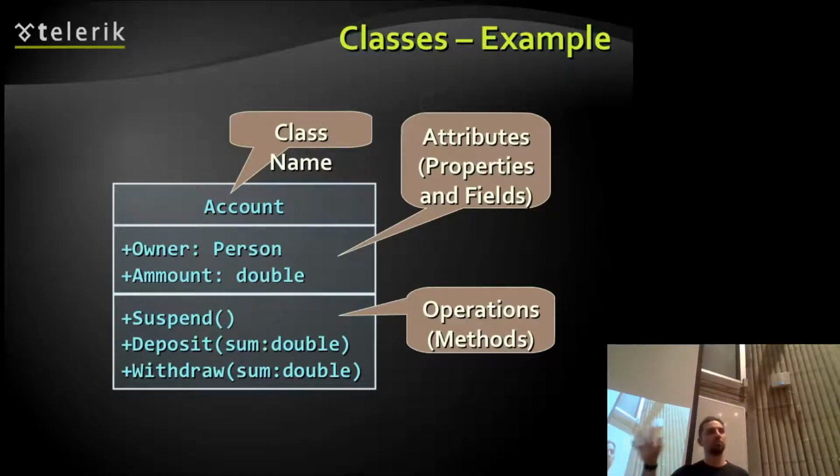It's called public, but we don't know enough to talk about public versus private yet. The colon says whatever follows is the data type. So what is the data type of owner? It's a person. Person itself is a class. What might a person have as properties in their class? Properties are variables.